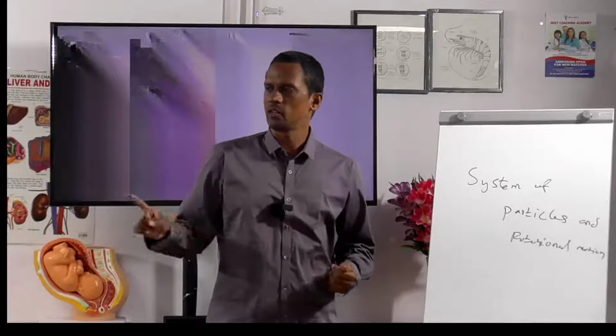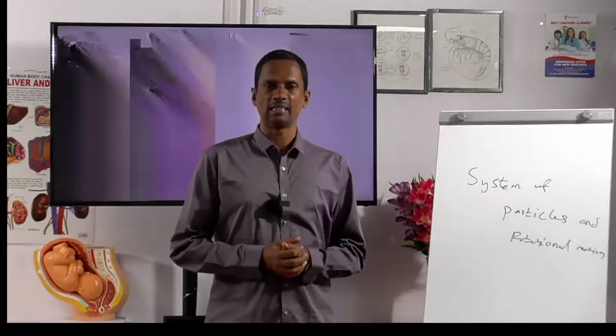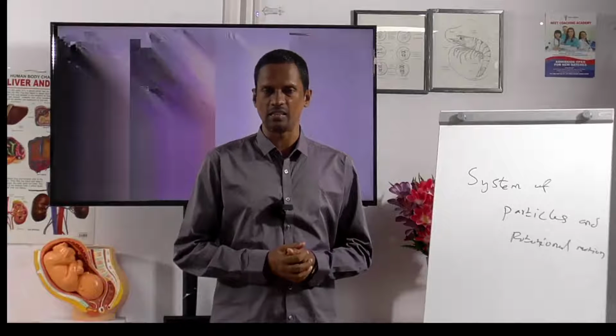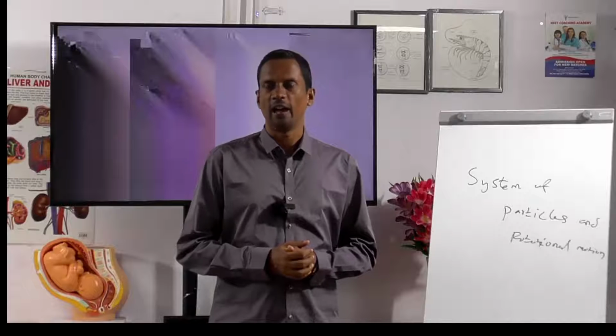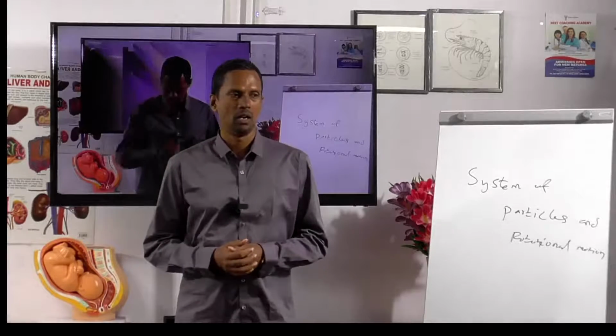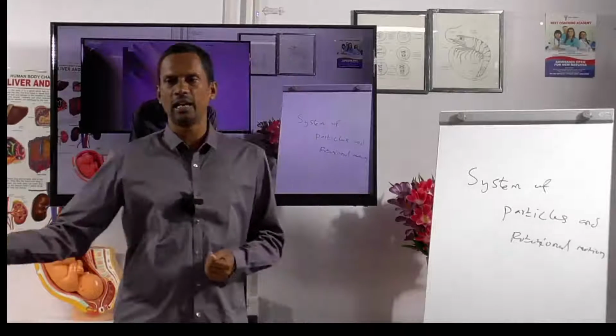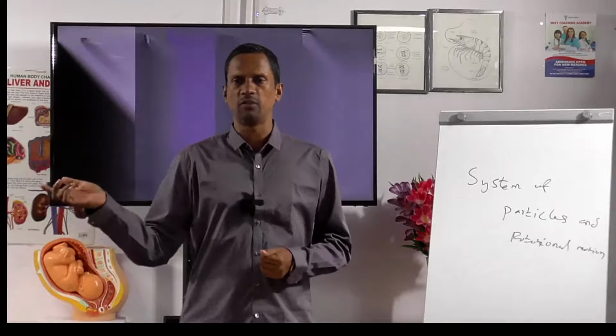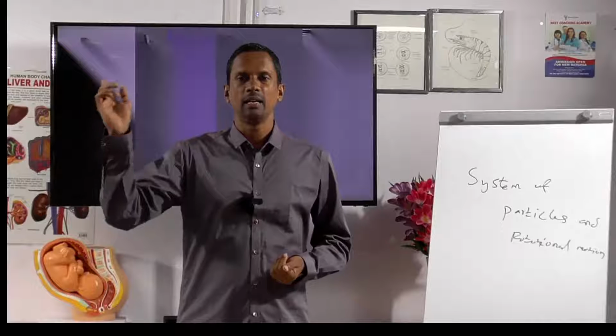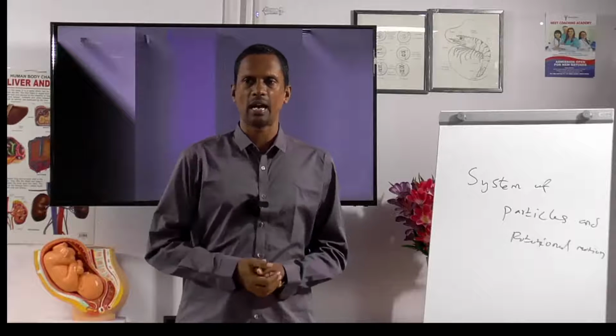So the total force I am giving in the z-axis: Fz is equal to Fx plus Fy. That is the force I give in the z-axis, and you can expect the output in the x and y axes.